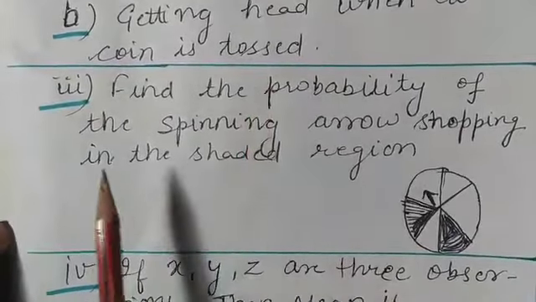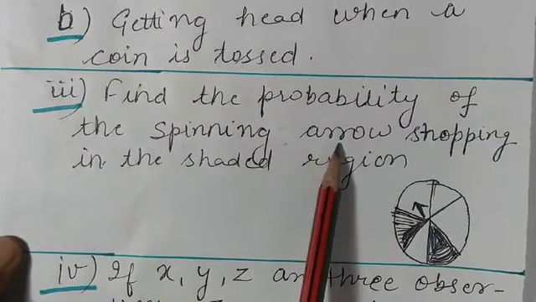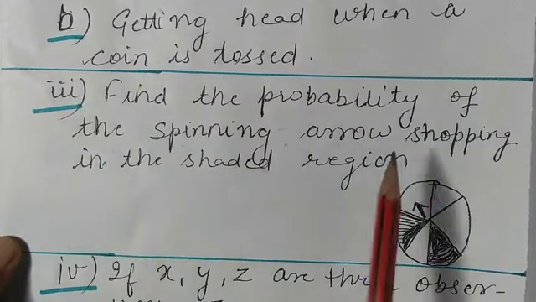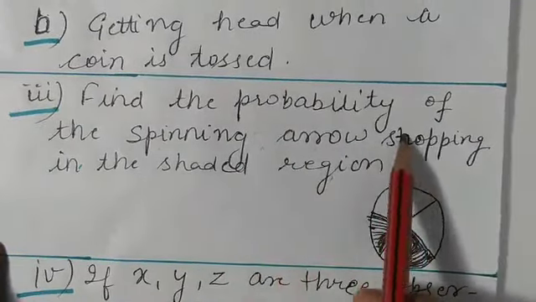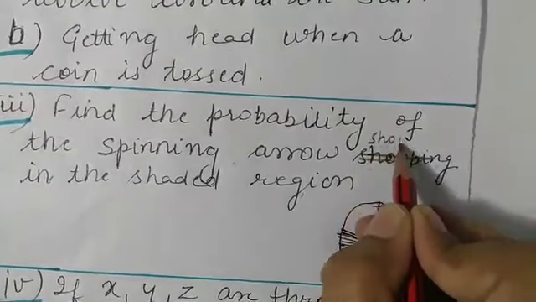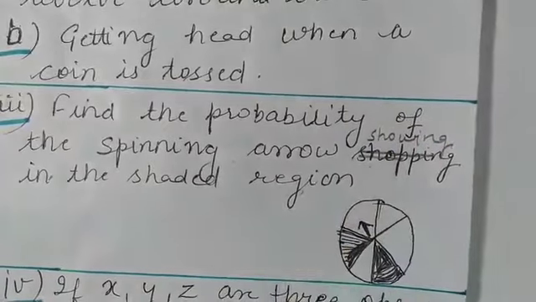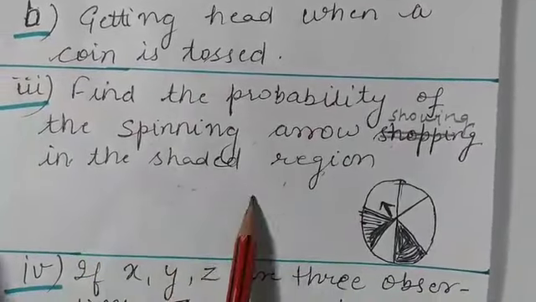Now third part of question number 6 you are having is find the probability of the spinning arrow showing in the shaded region. This is showing. Okay, find the probability of the spinning arrow showing in the shaded region.